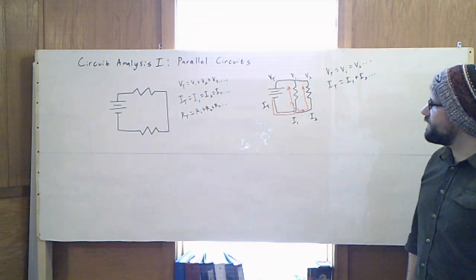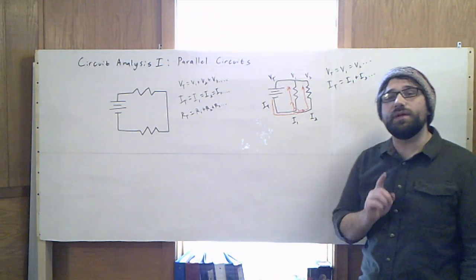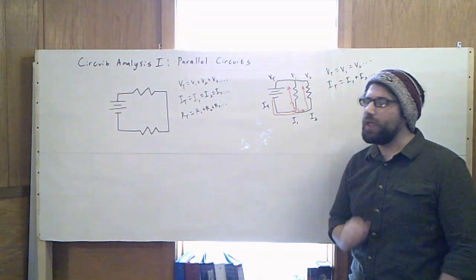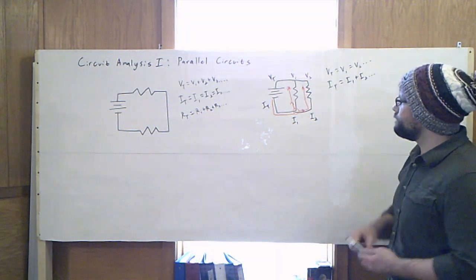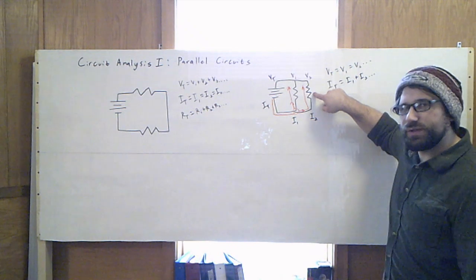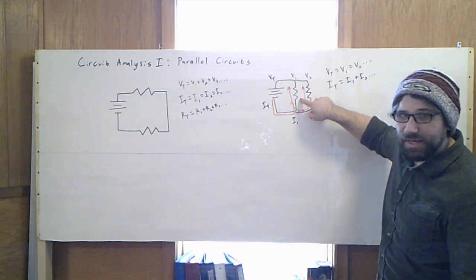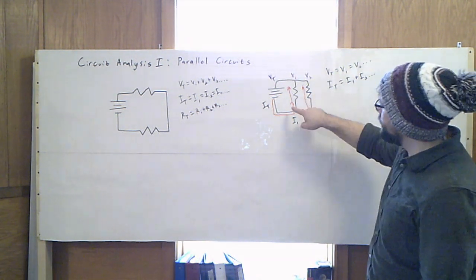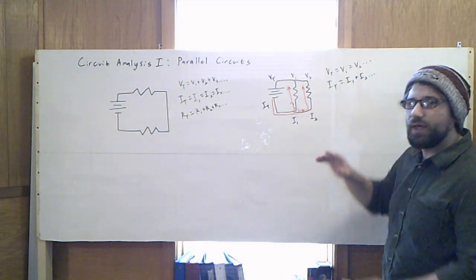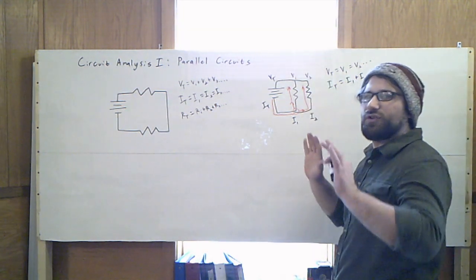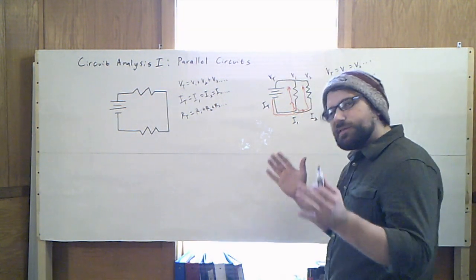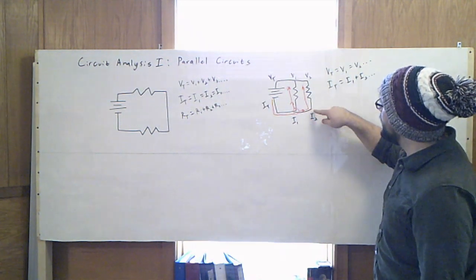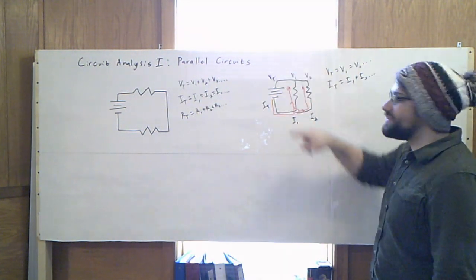But what about resistance? Resistance is going to be a little more complex here. And the reason for that is if this resistance is really small and this one is really big, if we think about it, electrons can try and move through this one. They're going to hit a lot of resistance. They're going to try and push through, and it's not going to be that easy. But they can just go over here and move through easily.